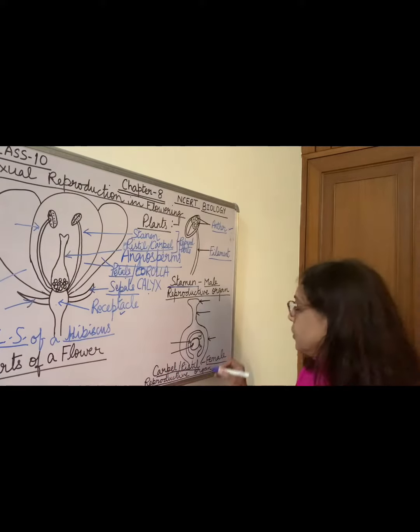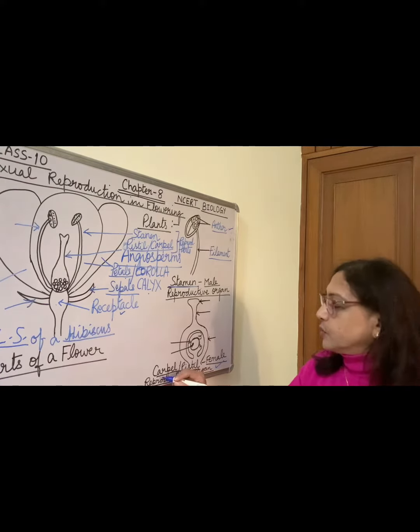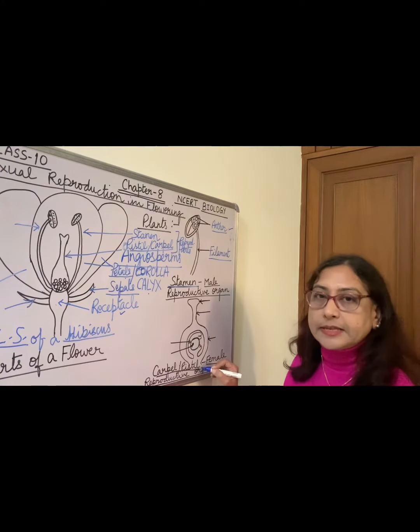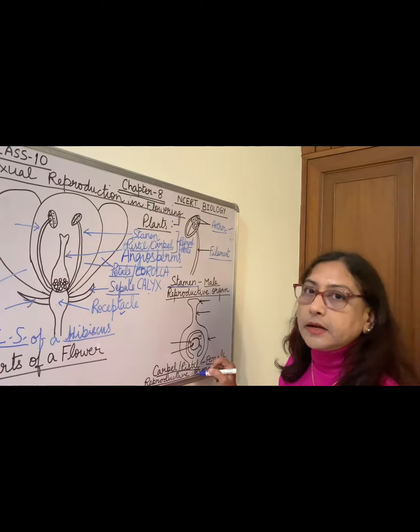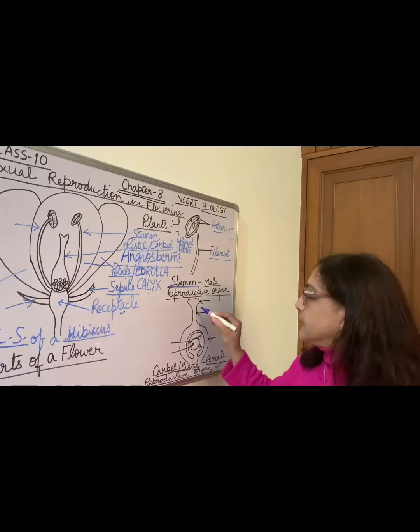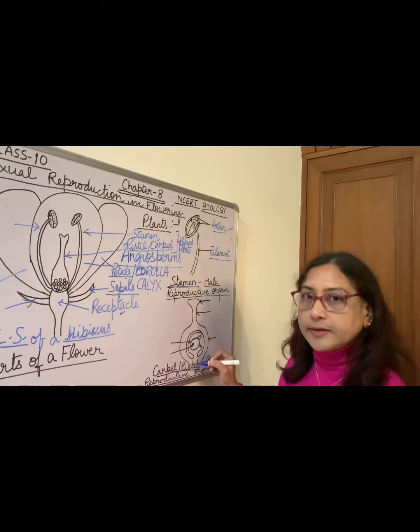Now we come to the female reproductive organ, which is known as the carpel or the pistil. Let us see the structure of this carpel, or what we call a pistil. This pistil is flask shaped, as you can see here. It has three parts.